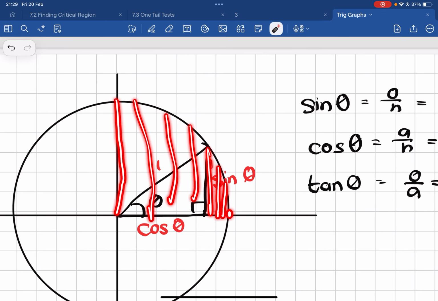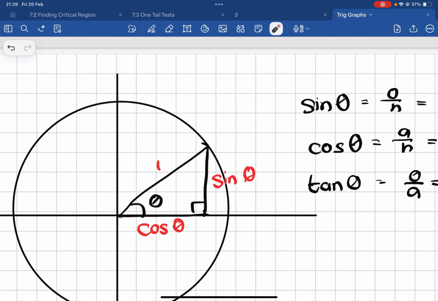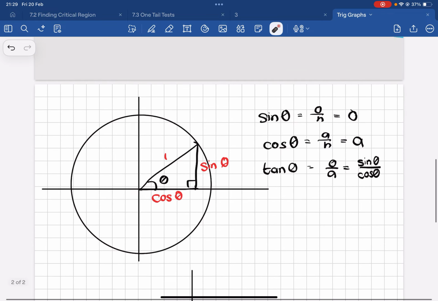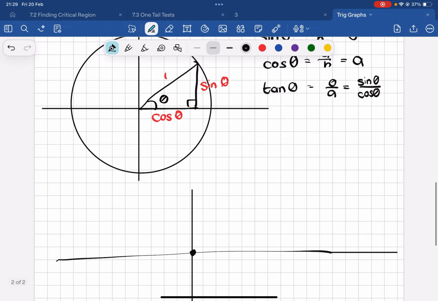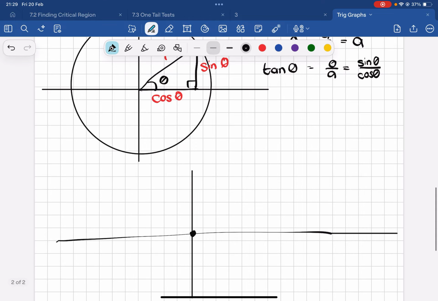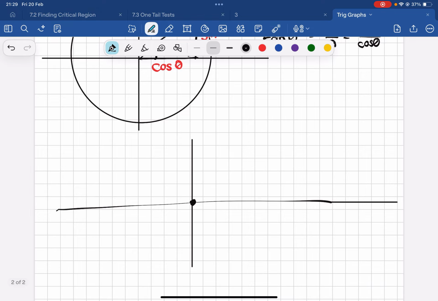Then we get up to sine of 90, where we have a height which is equivalent to the radius, from here to this point 0, 1. Therefore sine theta is 1. So from theta 0 to theta 90, our sine theta value ranges from 0 to 1.